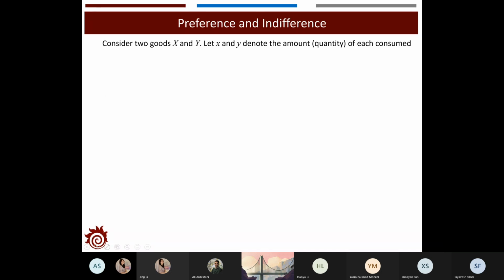Here, first of all, let's consider the most simple case. There will be 2 goods, X and Y. And we use letter X and letter Y to define the amount or quantity we will consume for each product. Now let's consider a specific case.